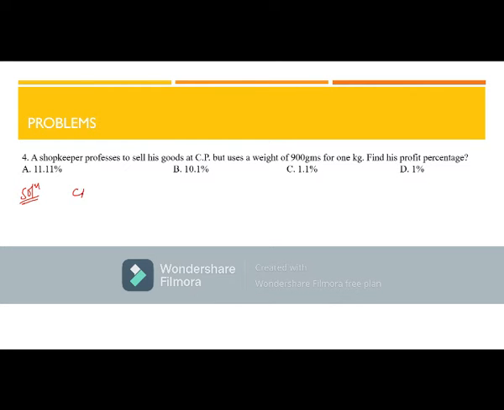In the false weight problem, we can say that cost price equal to the false weight, selling price equal to true weight, if only weights are given. If their price or something else is given, then we'll be solving in a different way. So what is the false weight here? False weight is 900 gram.